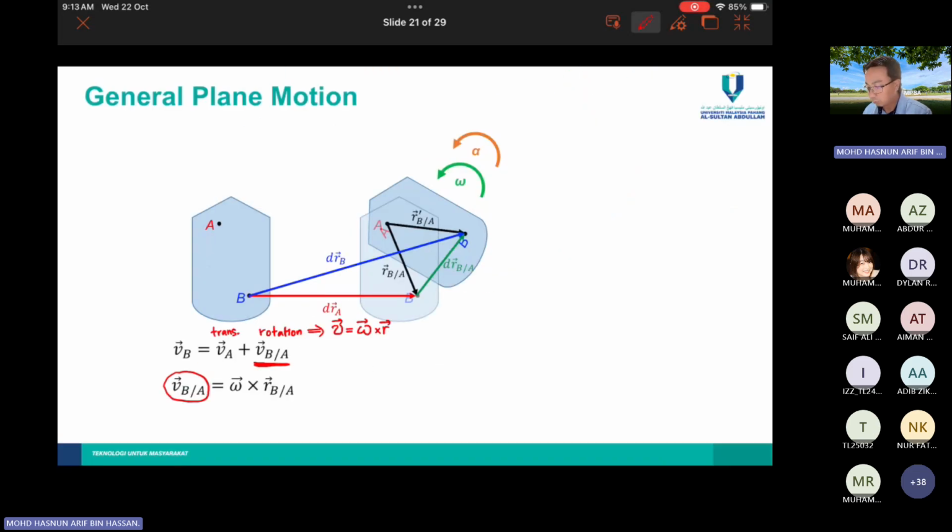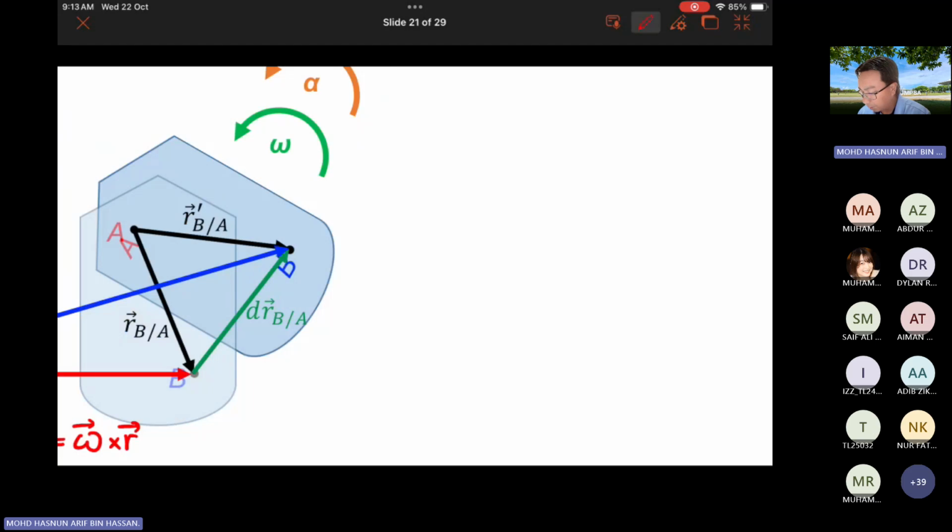After we have transformed it, we get this equation: vB is equal to vA plus omega AB cross product rB/A.